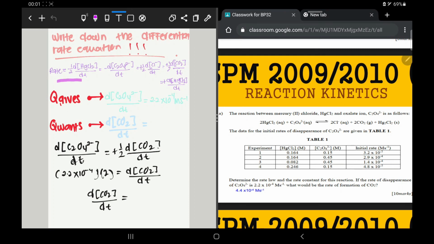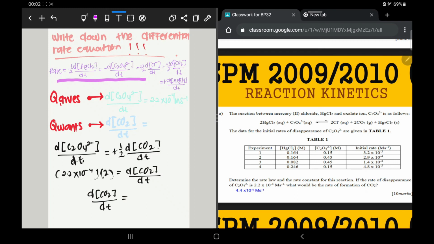Over here, I have already done it. Rate equals negative half d[HgCl2]/dt equals negative d[C2O4 2-]/dt equals positive half d[Cl-]/dt equals positive d[CO2]/dt.